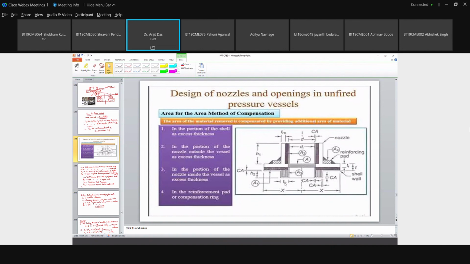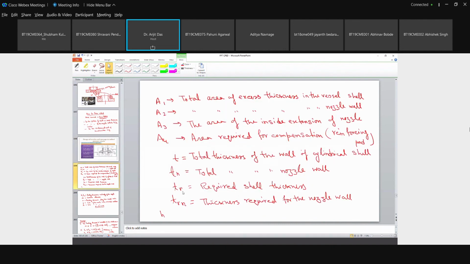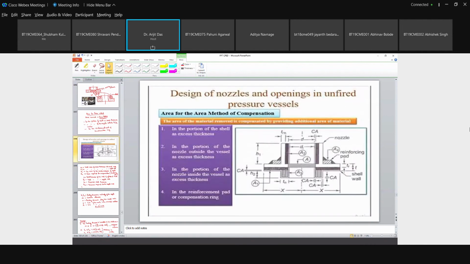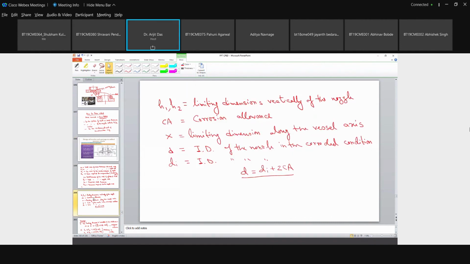Total thickness of the nozzle wall. Then Tr, required cell thickness, and Trn is the thickness required for the nozzle wall. So these are the nomenclature. That is the Trn and that is the Tr. Now next is the CA, H1, H2, X, D, Di.